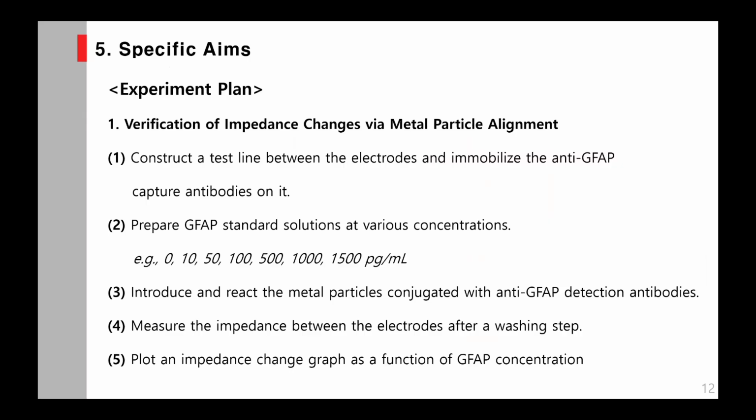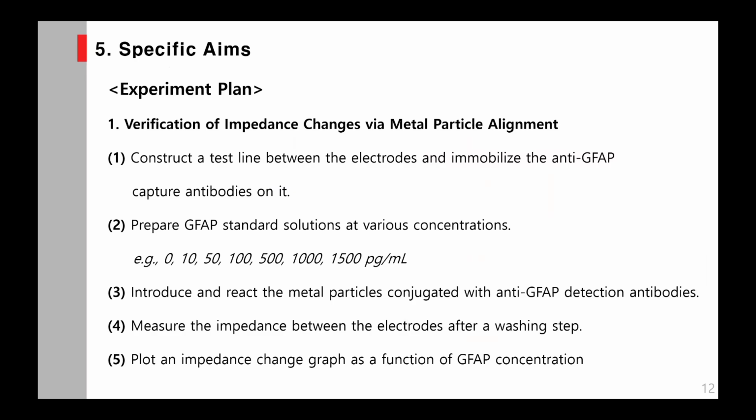In this slide, our protocol consists of 5 steps to verify impedance change. At first, we construct a test line and immobilize anti-GFAP capture antibodies. Second, we prepare GFAP standard solution at various concentrations.